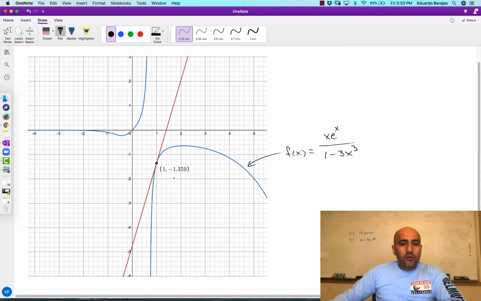This point right here is the same thing as the point 1 comma negative 1/2 e. That's an approximation, so we get this point right there. And then we find that the equation of this line is y equals 5/4 e x. Remember, this whole thing here, including the e, is the constant. It's the coefficient in front of the x, minus 7/4 e. Okay, so that's the equation of the line tangent.